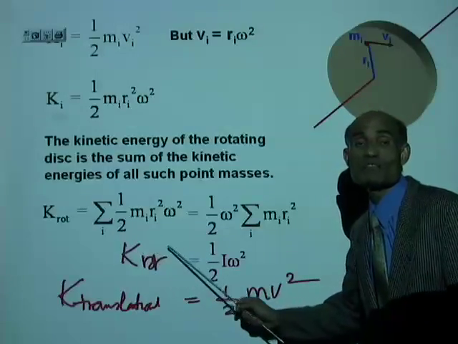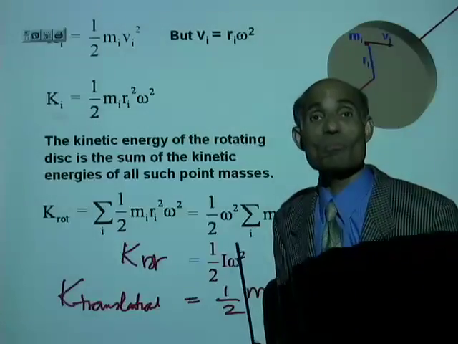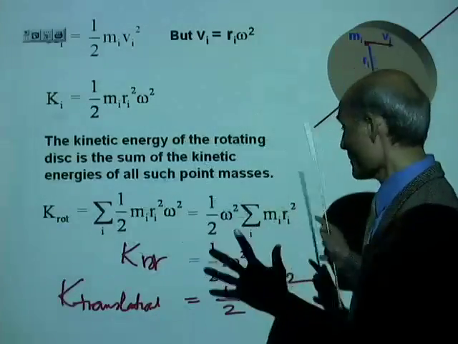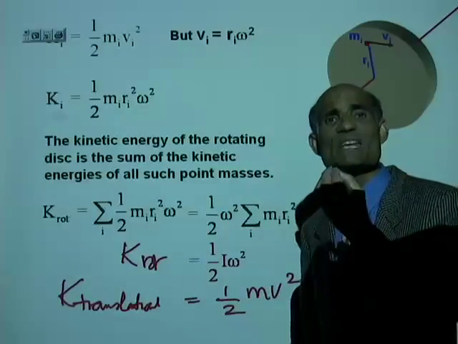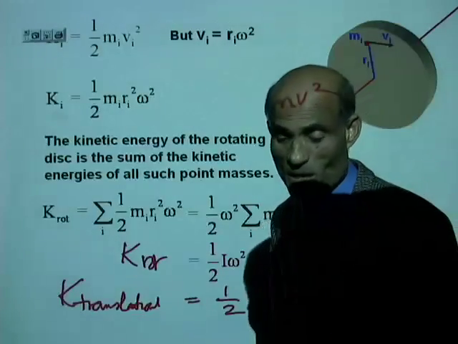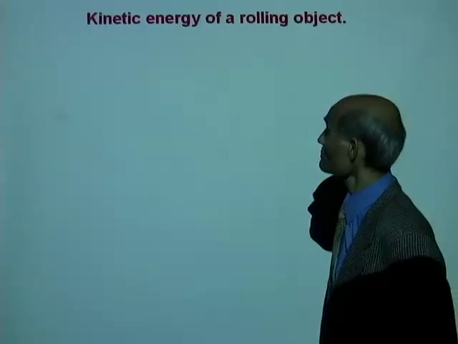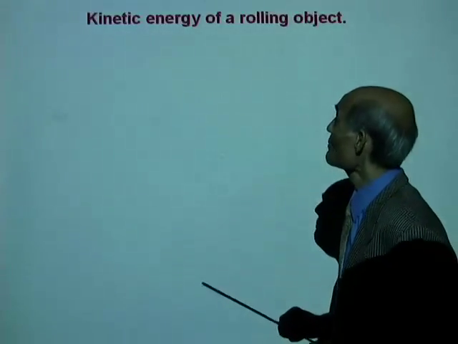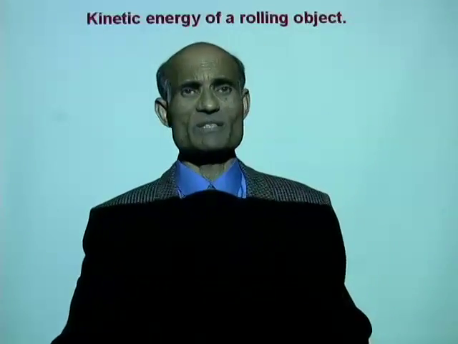Kinetic energy in rotational motion is 1/2 I omega squared. You can see the parallel nature of these equations make them very easy for you to remember, and you need to remember them. Okay.